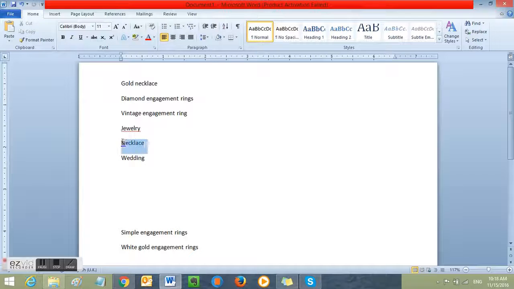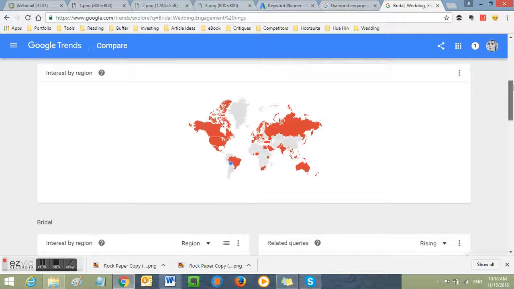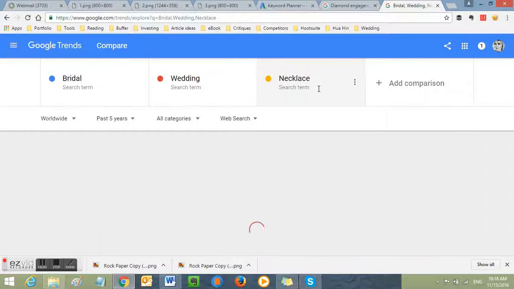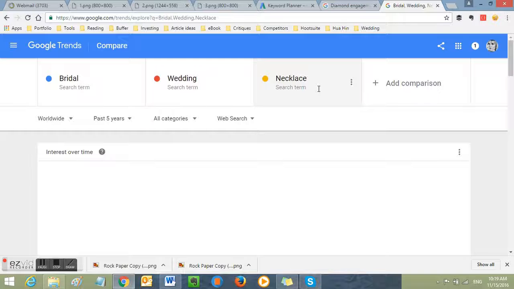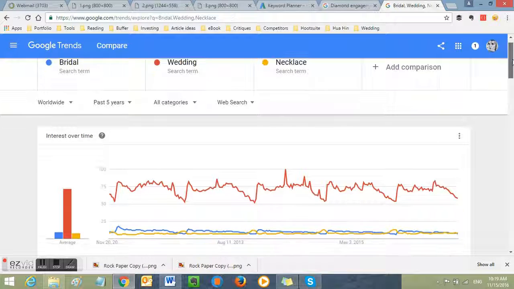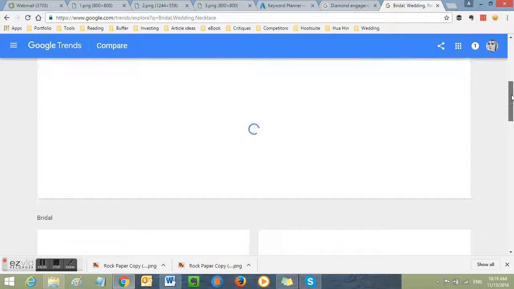Okay, I'm going to leave this one. Necklace. Necklace is almost comparable to the bridal term.